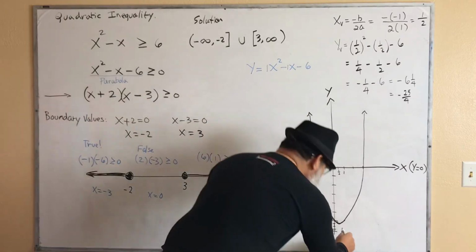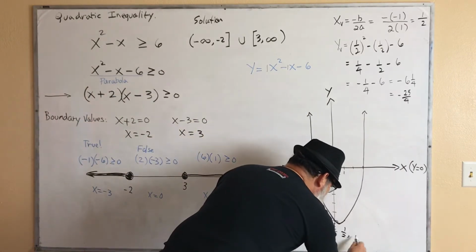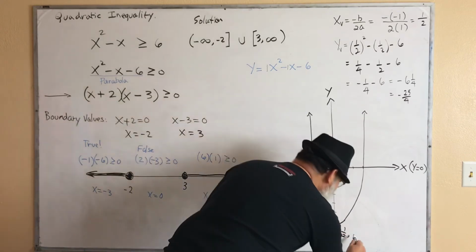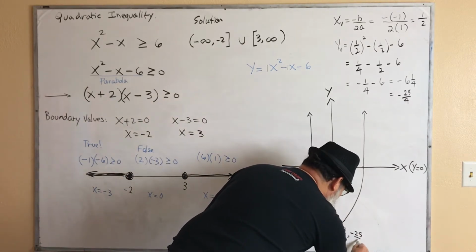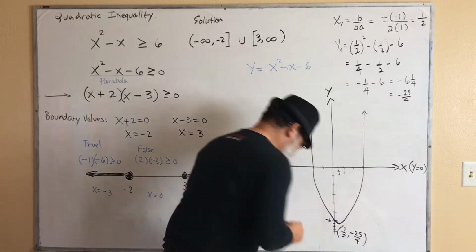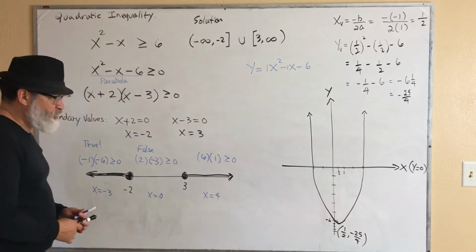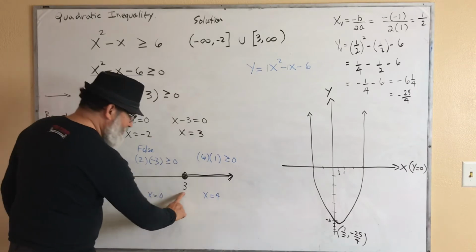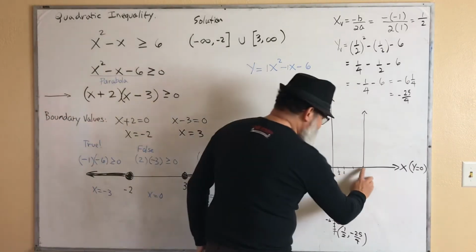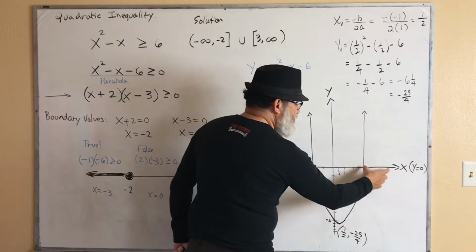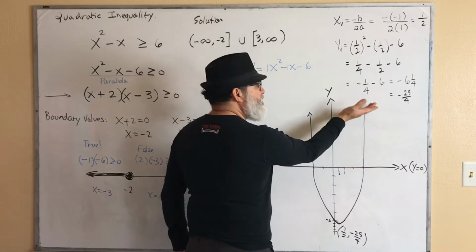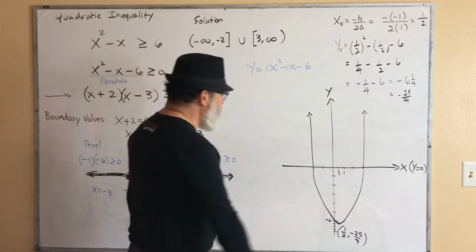Okay. The vertex is at half, comma, negative 25/4. That's the vertex of the parabola. Okay, so look, from 3 to the right, the parabola is above or equal to 0.